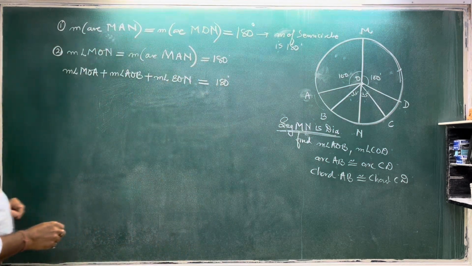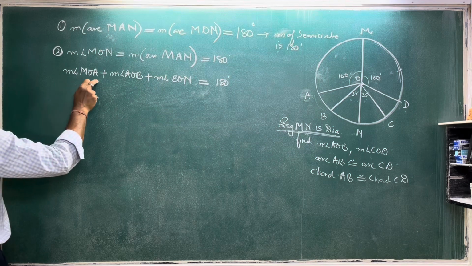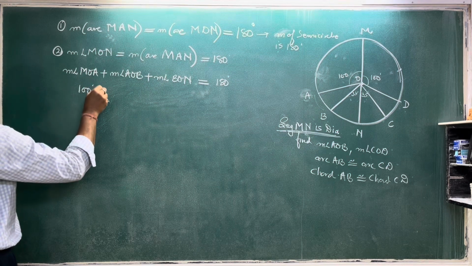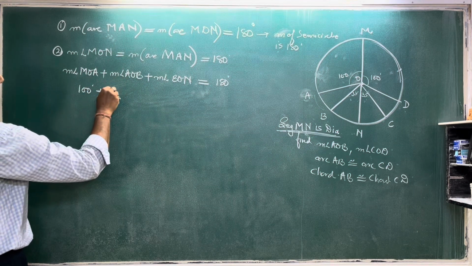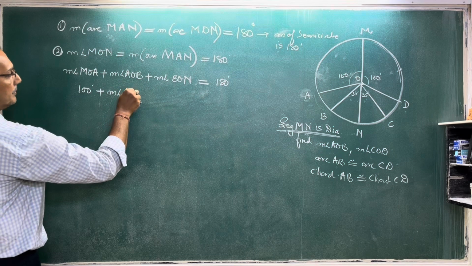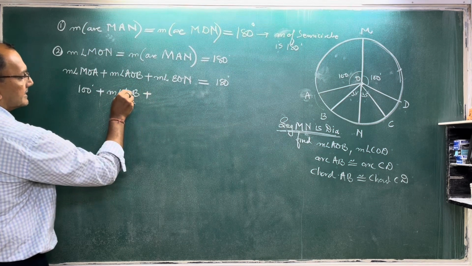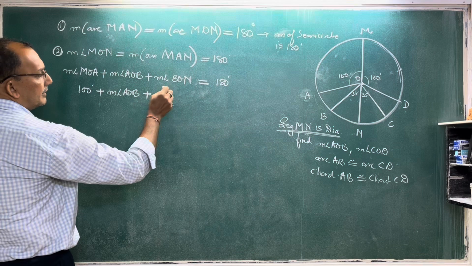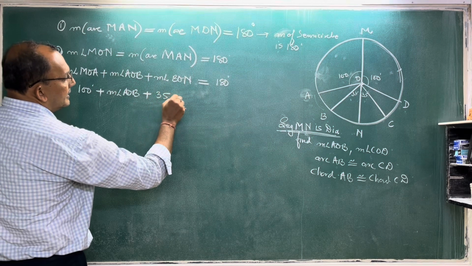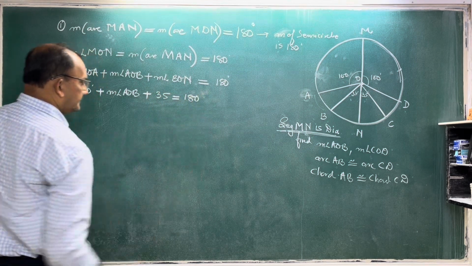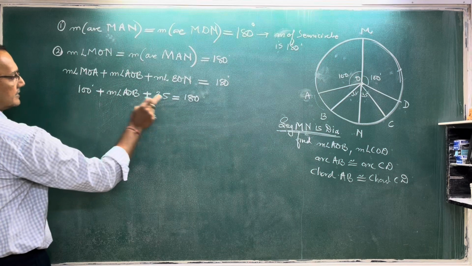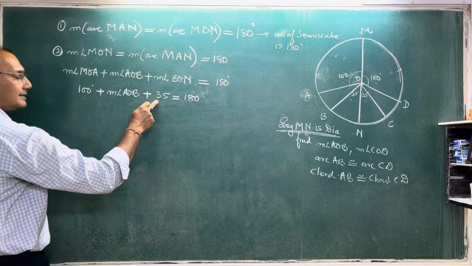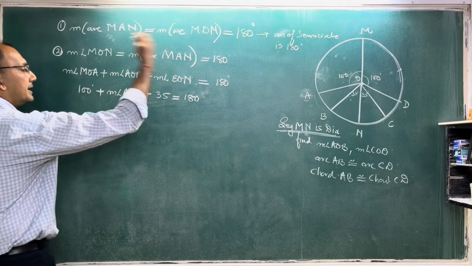Correct? Now, out of that, MOA is 100, we have mentioned. AOB I don't know. Measure of angle AOB plus BON, we know 35 degrees, is equal to 180. Now let's add these two things. 100 plus 35, 135, we'll take it to the right side.